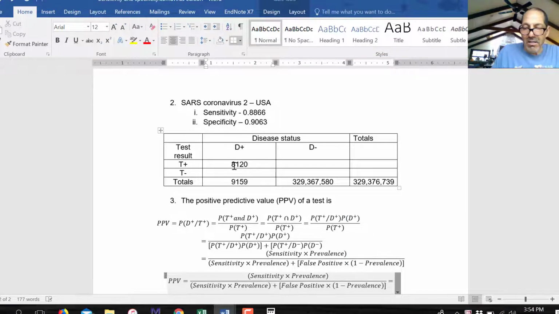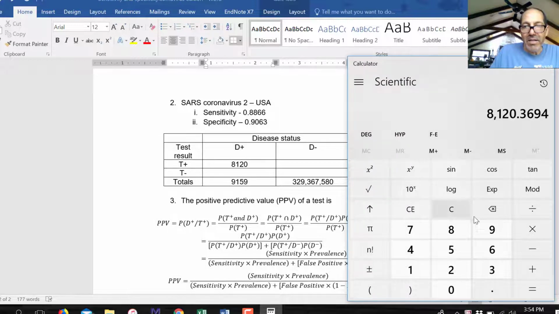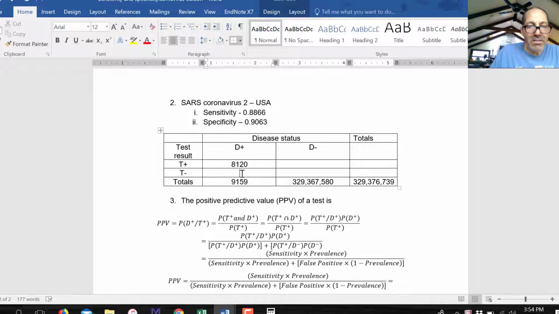Okay, so testing negative would be the complement of that. So the remainder would be 9159 minus 8120. If you're one of my students, you're probably used to this kind of stuff. I make you fill out these tables all the time. 1039. All right, there you go.